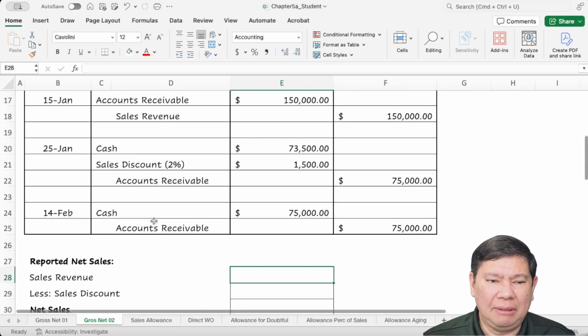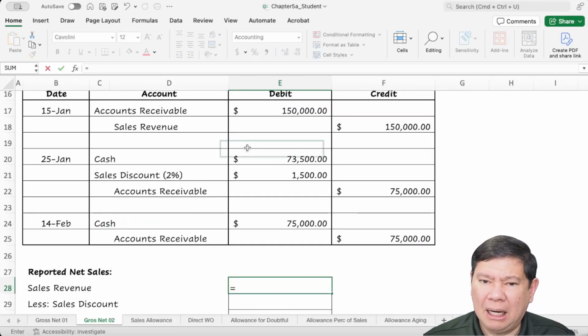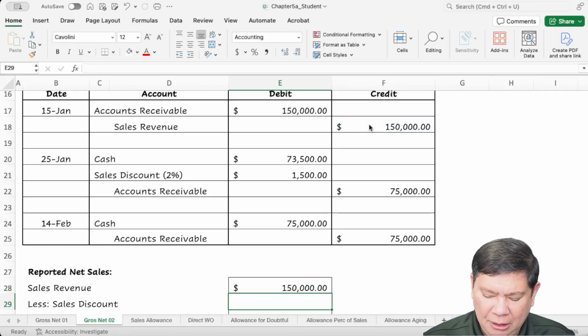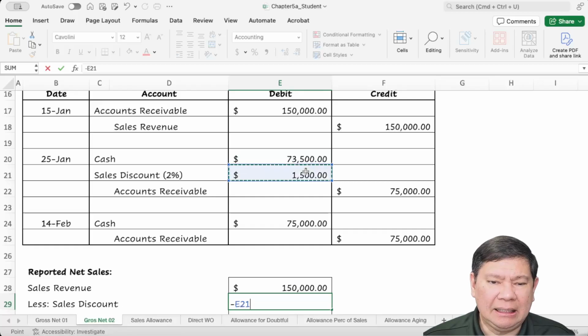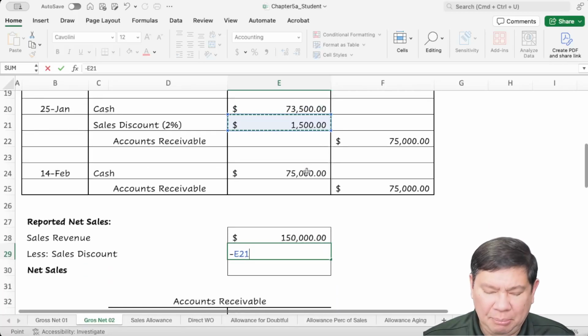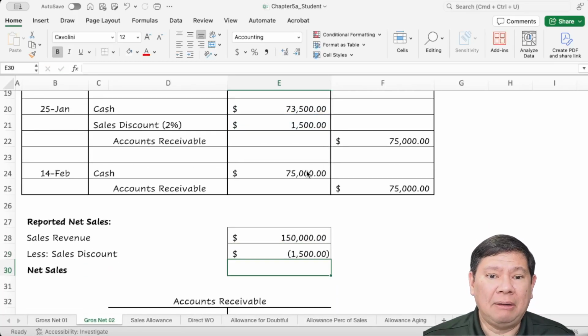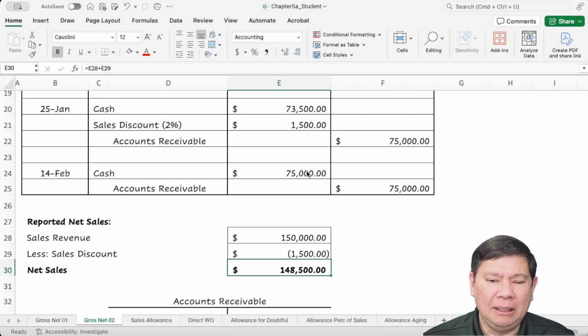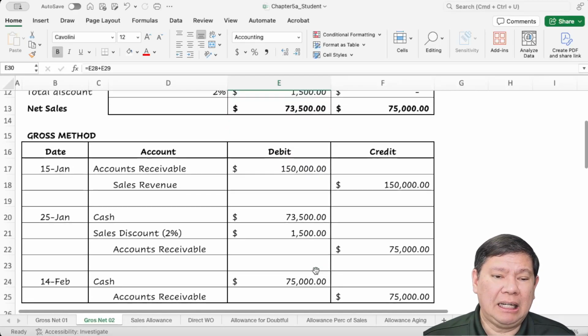The sales revenues is going to be the full amount, $150,000, the gross amount, minus the sales discount from the first payment, $1,500. So the net sales to be reported on the income statement would be $148,500.